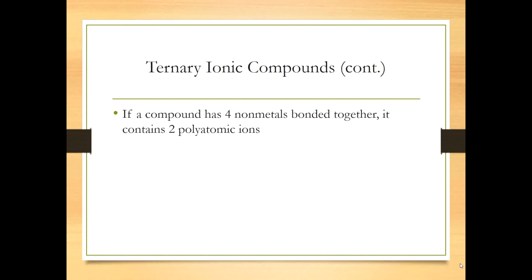Ammonium is made up of nonmetals, and so if you were to have ammonium as a part of a formula, you would see 4 nonmetals bonded together. That just means that it contains 2 polyatomic ions. So NH4 is ammonium, and SO4 is sulfate. So the name of that would be ammonium sulfate.